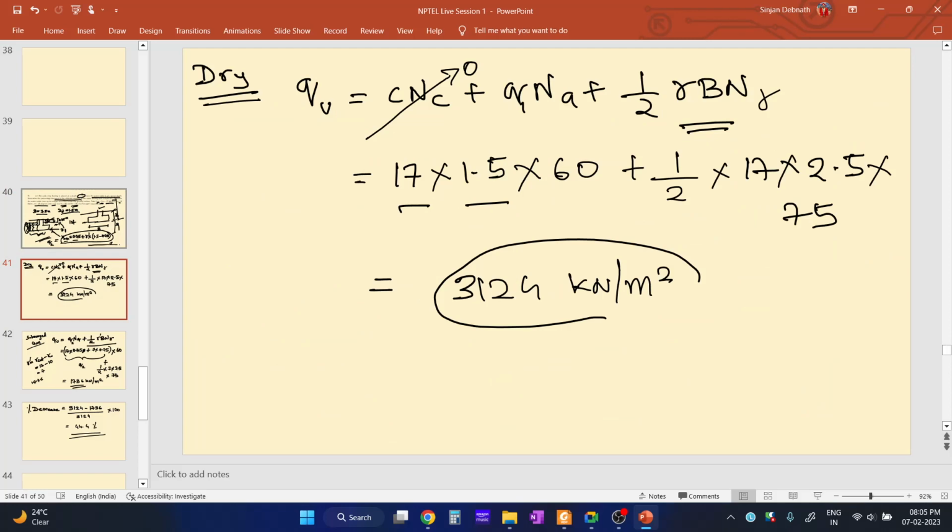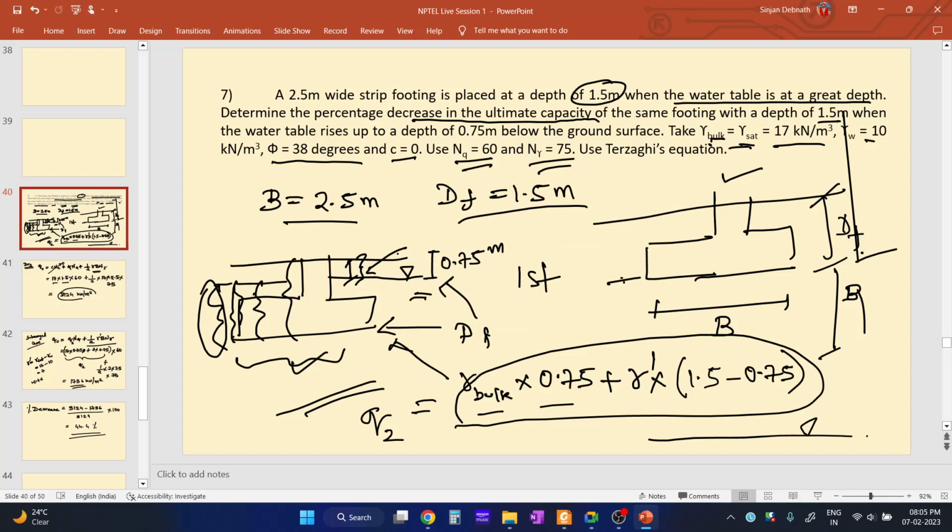But in the second case, the water table rose up. Water table is now over here, 0.75 meter below the ground surface. So what will be the Q2 at depth Df, the effective surcharge? The part above the water table is in dry condition or maybe partially saturated, so I am using bulk unit weight into 0.75. The rest part is completely submerged underwater, so for that I am using submerged unit weight.